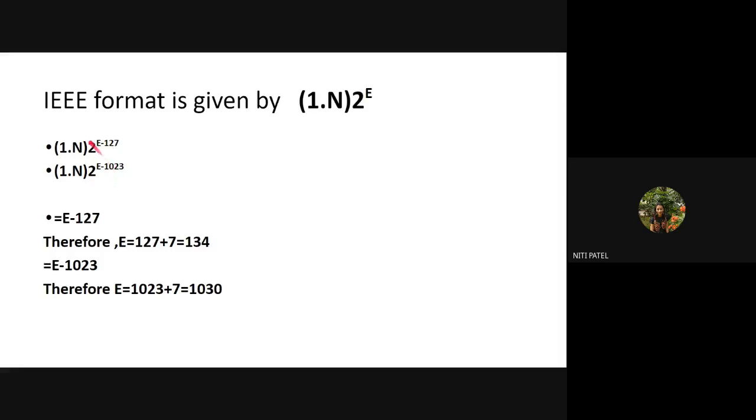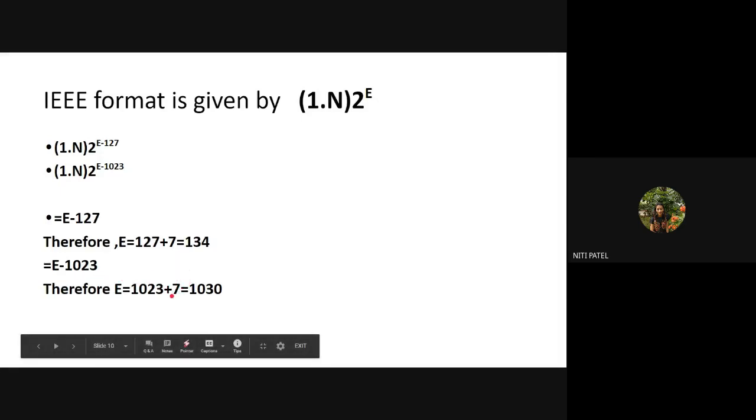Here e is nothing but the exponent. Even if we get e as negative, we convert it into a positive number. So we have e minus 127. If I want to bring e to the left hand side, I get e equal to 127 plus the exponent value.